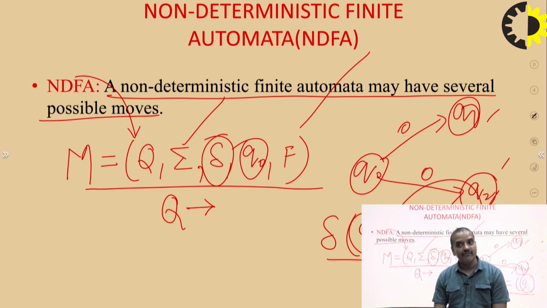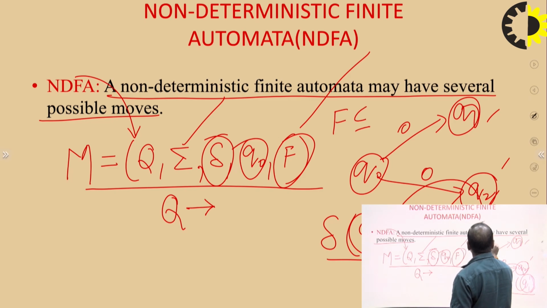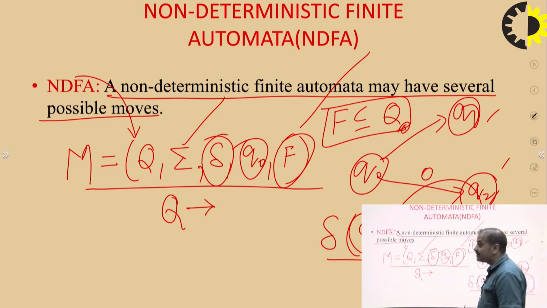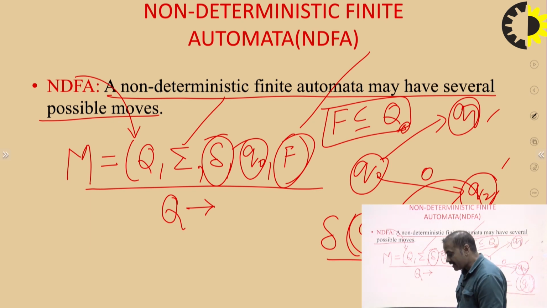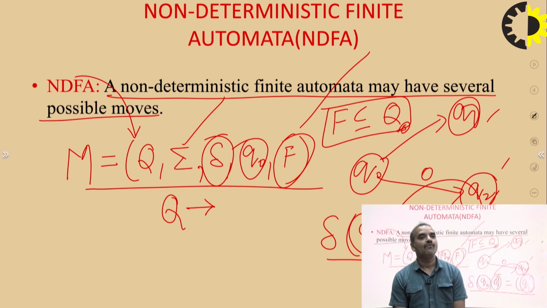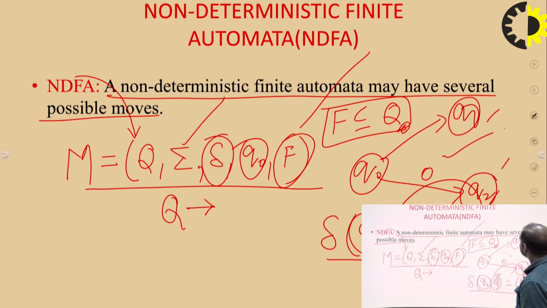As we know, we have to start from a single point, so the initial state must be single, but the final state may be multiple, so F is a subset of capital Q. It may be possible that there are multiple final states, but the initial state must be single. The starting point is single, but the terminating point may be more than one. This is the combined form of the given machine.